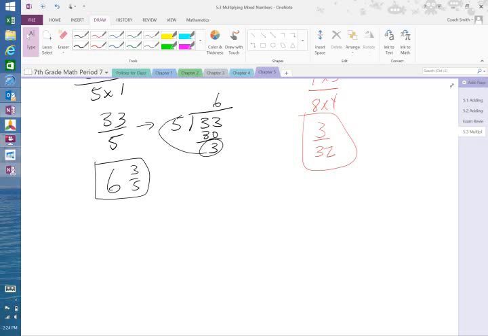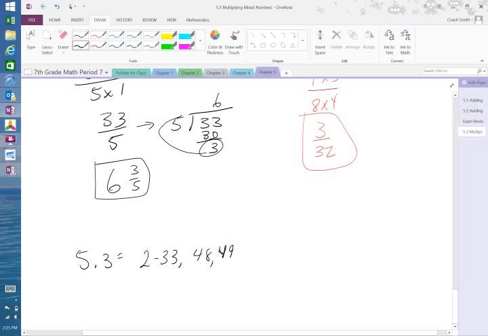Your homework is 5.3, 2 through 33, 48, and 49. Like I said, we still have about 12 minutes left in class. Go ahead and start working on that. Make sure to write the original problem, show all your work, and then circle your answer in lowest terms.